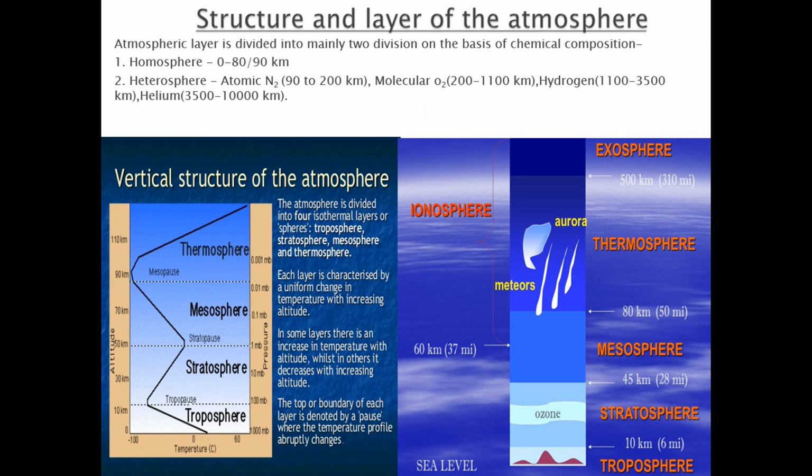Structure of the atmosphere, structures and layers of the atmosphere. Chemically, the structure of the atmosphere is divided into two parts: homosphere and heterosphere. From the sea level or surface of the atmosphere up to 80 or 90 kilometers, the atmospheric layer is called homosphere because of its homogeneous distribution of various gases or ratio.